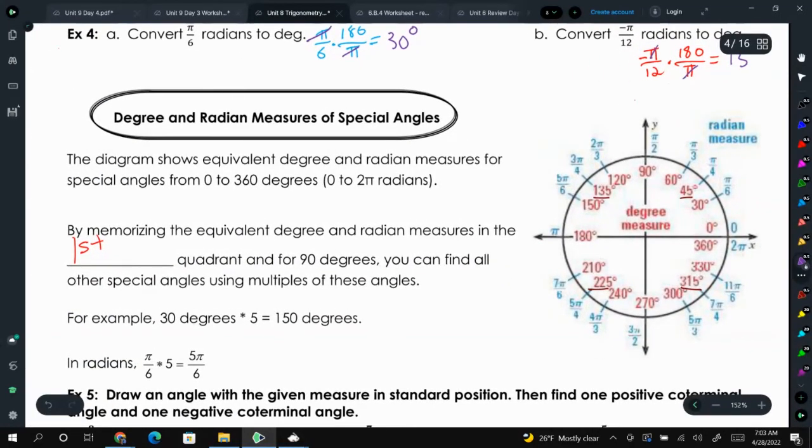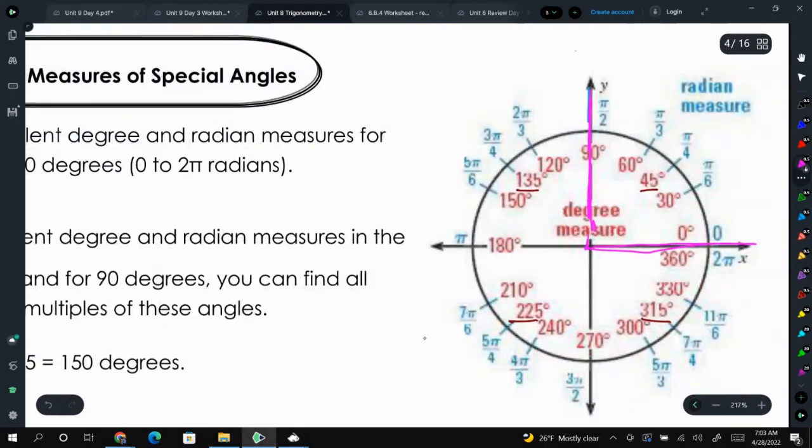So by memorizing the equivalent angles just in the first quadrant, here's our first quadrant, for 90 degrees, you can find all the other special angles by using multiples of these angles. Like 30 degrees, 30 times 5 is 150.